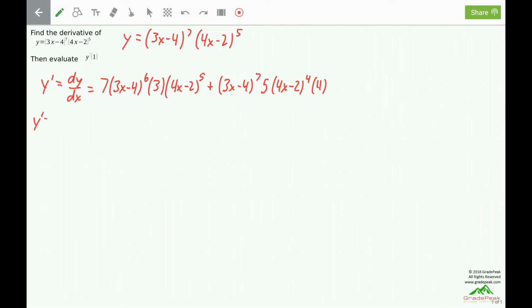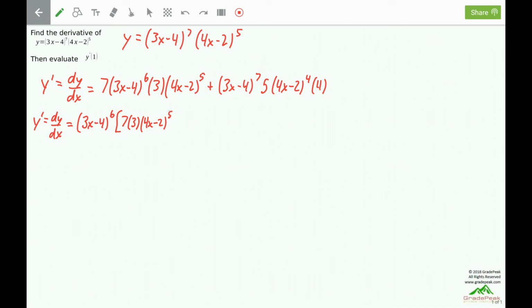So y prime or dy dx will equal, let's start with factoring out the (3x minus 4) to the power of 6. Now for the first expression, that will take out all 6 of these. There's what's left behind. A 7, a 3, and a (4x minus 2) to the 5th.